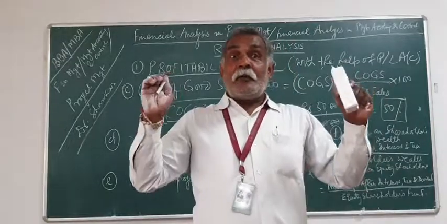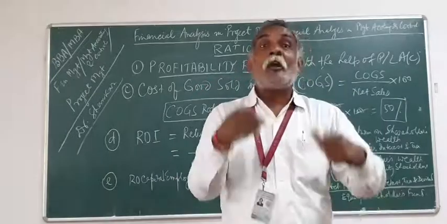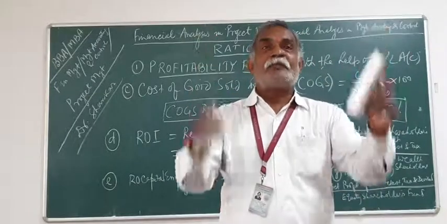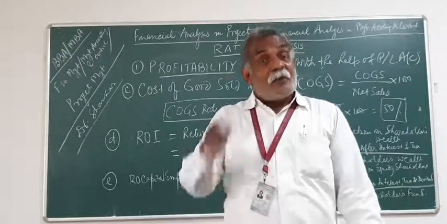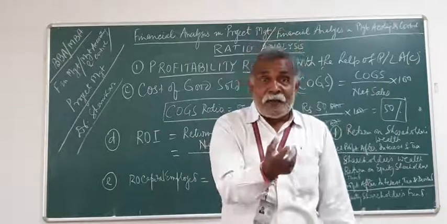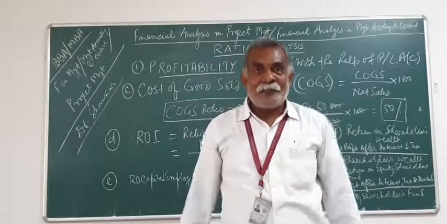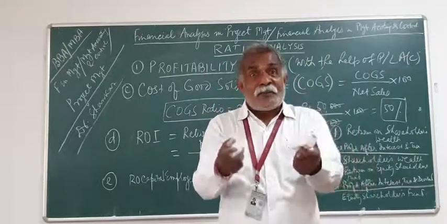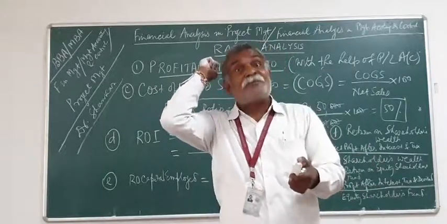Here you neither paid interest, nor paid tax, nor paid dividend to the equity shareholders as well as preference shareholders. Why? Because I want to calculate the return with respect to the total investment, how much I have invested. That investment I have already discussed in capital budgeting. That is long-term investment for what?